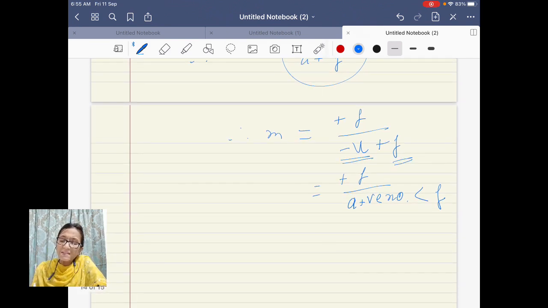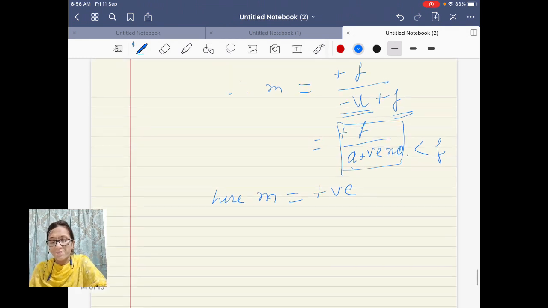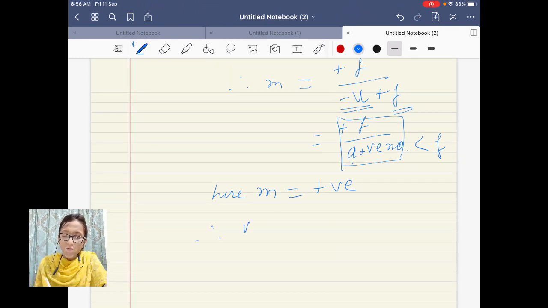So your magnification comes positive. Here m is positive, and positive magnification means the image is virtual. Therefore virtual image. Number 1, conclusion.